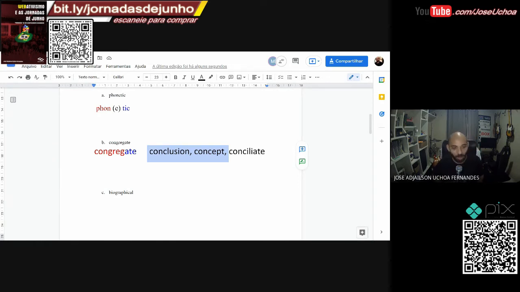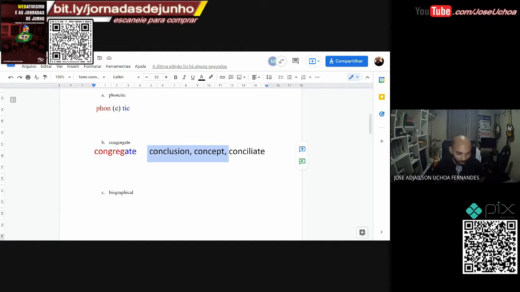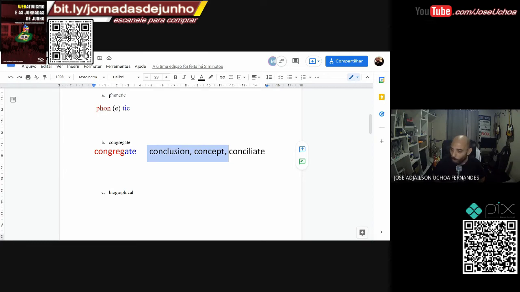Let's find a synonym for congregate with con. We can be all integrated too, right? We are all together because all of us have established a connection.